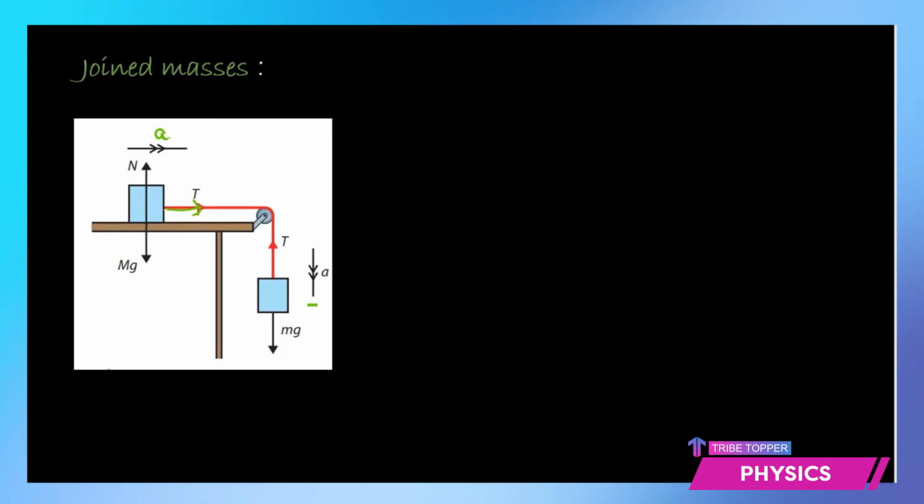Now let's talk about the forces. I'll mark this as mass 1 and this as 2. So for the first mass, the weight mg is balanced by the normal reaction. They have no contribution in this motion, so they just simply cancel out. The only force that is pulling the mass 1 to the right is tension in the string, and the tension in both the parts of the string is going to be the same because these are connected masses passing over the pulley.